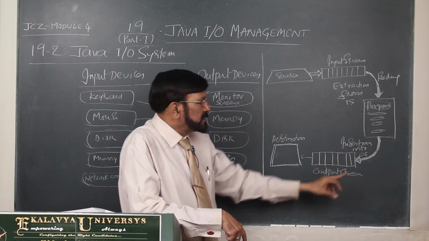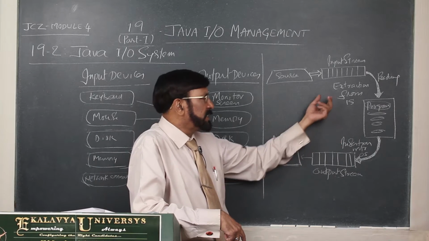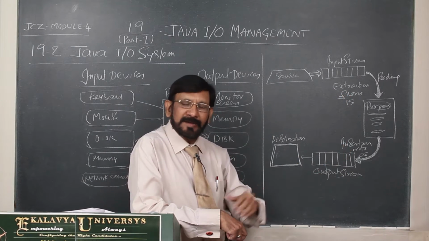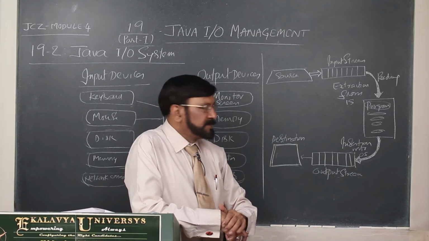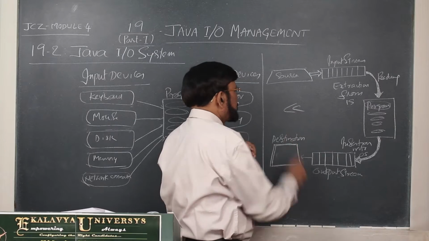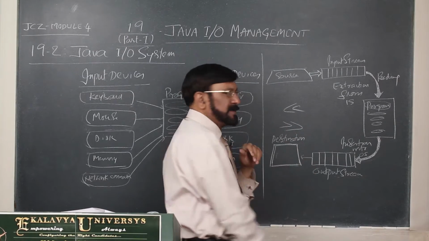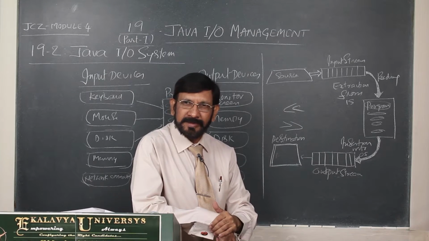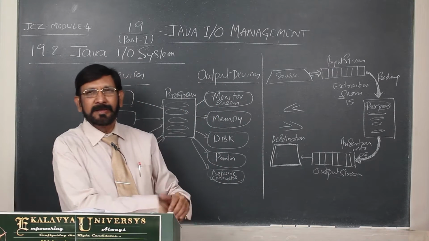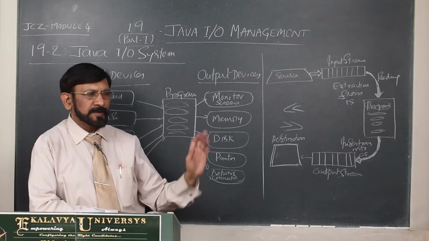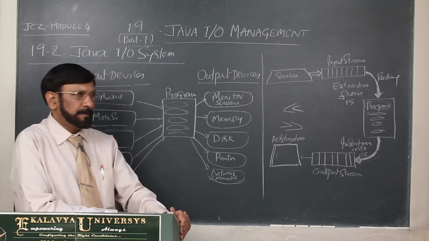That's why you have to understand these words: extraction and insertion. That's why in C++, this is called the extraction operator, this is called the insertion operator. Symbolically, they created the operators like that. You must understand that. So, in this way, I/O operations are performed in Java.